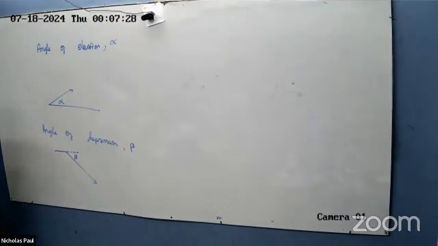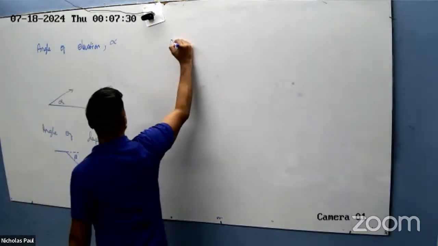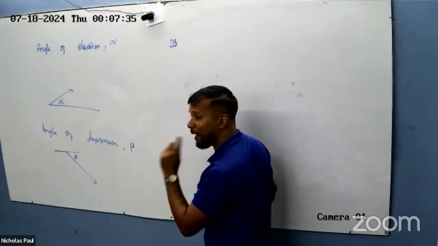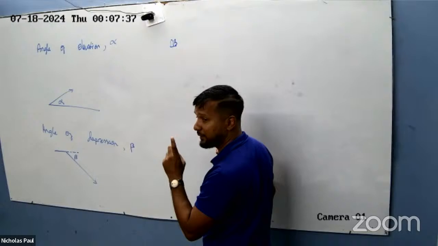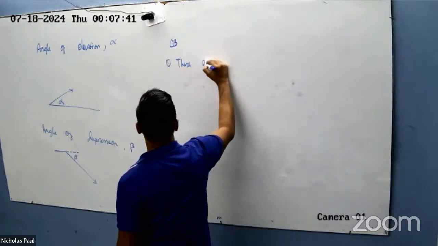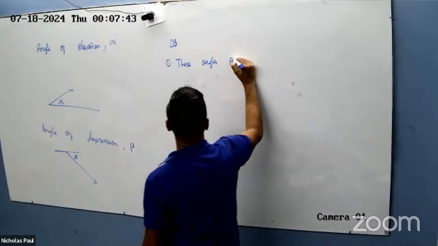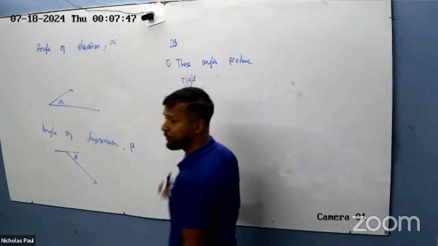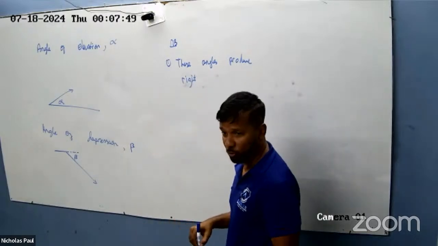What you will notice though is that these angles form right angle triangles most of the time. So we'll be using the right angle rules, the trig ratios.